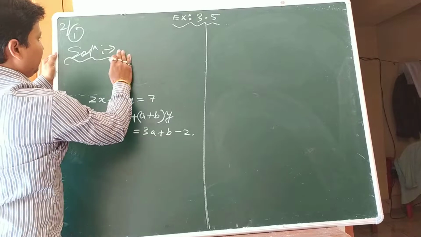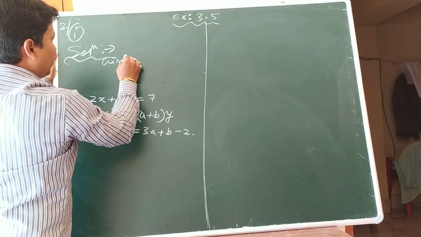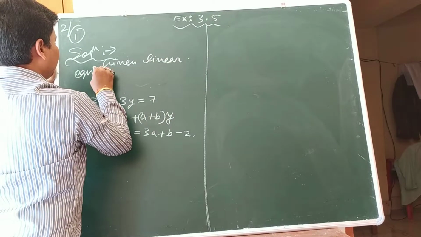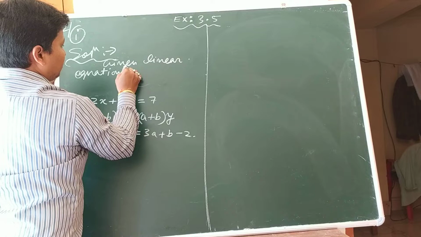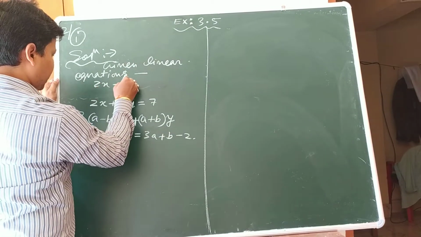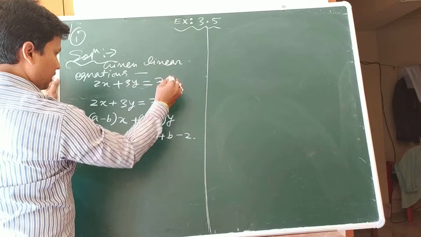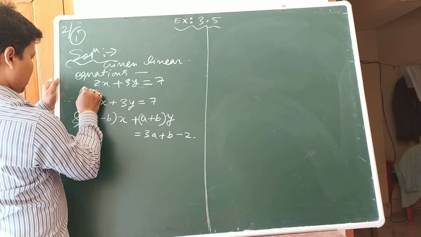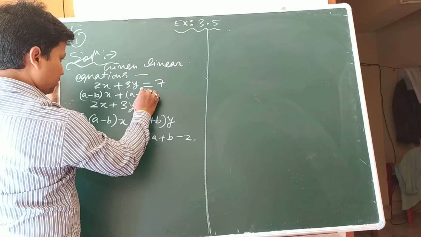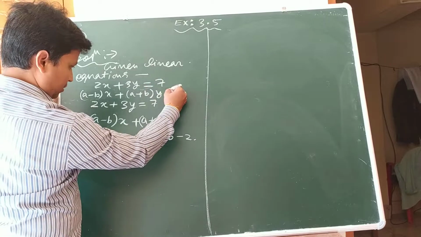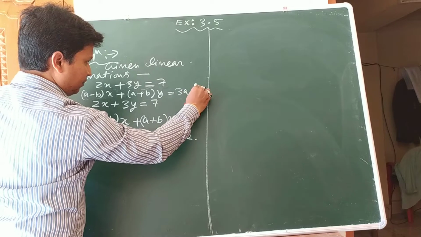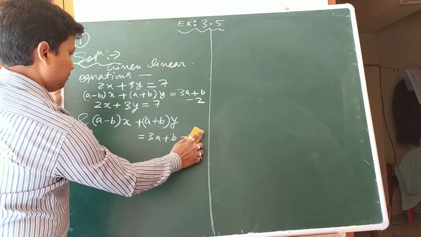Then we will write the given linear equations: 2x plus 3y equal to 7, then (a minus b) into x plus (a plus b) into y equal to 3a plus b minus 2.